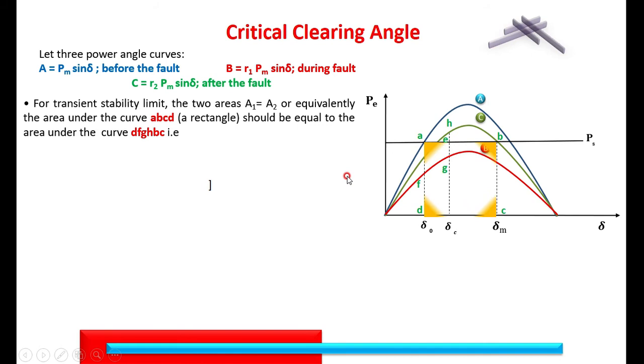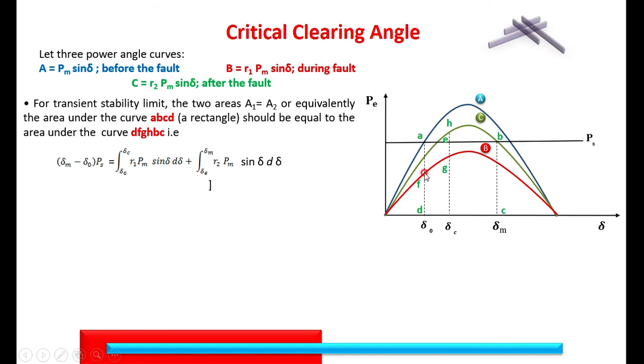Next, on the right-hand side, we need the area under this curve, the area under FG. The equation of this curve is R1 Pm sin delta. When the operating point is shifting from A to F, the power angle equation is R1 Pm sin delta.